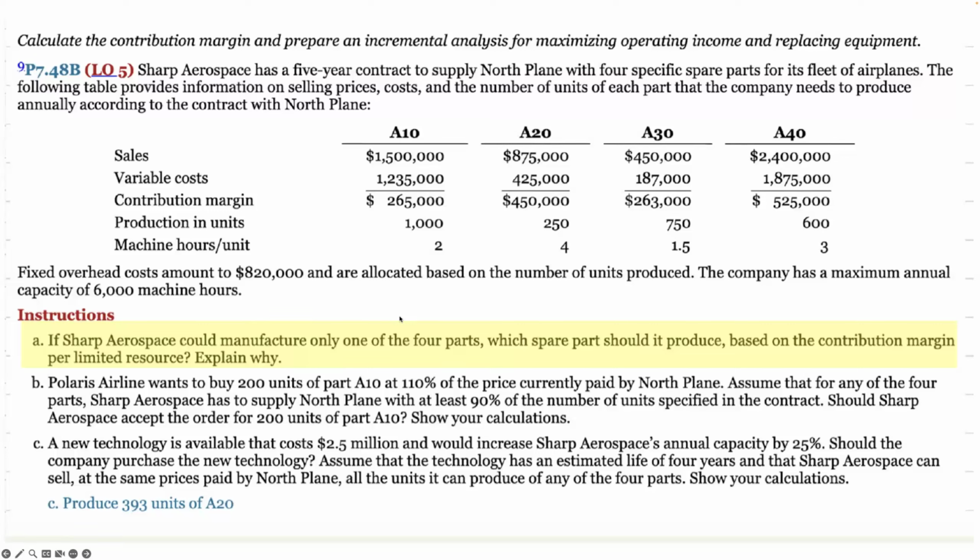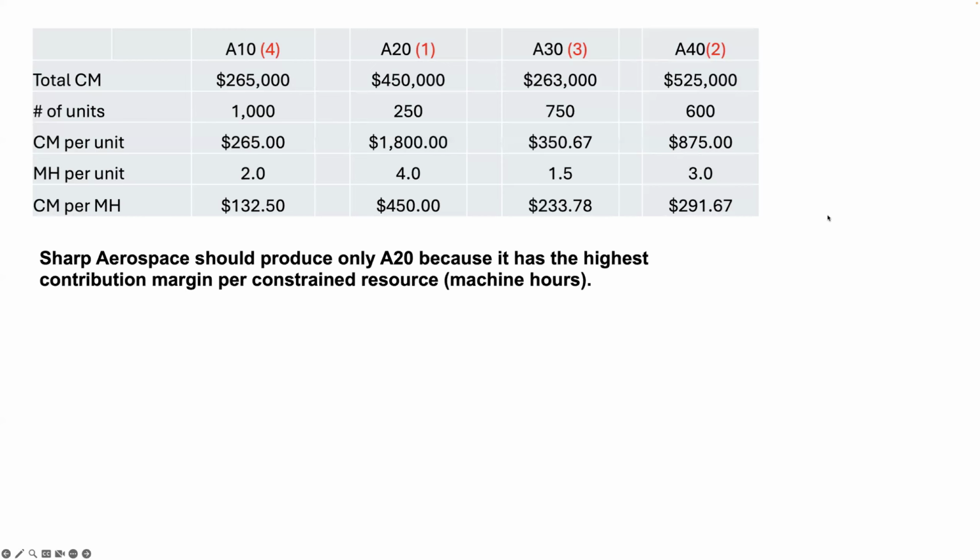Okay, so the idea is if you can only make one of these 4 components, which one are you going to make, right? So basically the idea is we need to maximize our contribution margin based on the limited resource, right? So towards that, we need to calculate what's my contribution margin per limited resource. So this is how we do it, right?